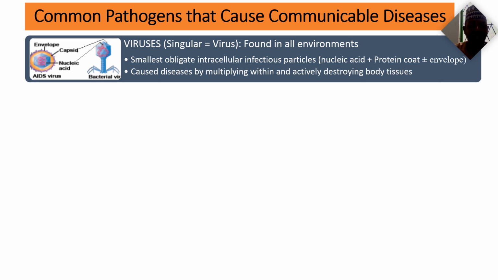Viruses, or the singular virus, are also found in almost all environments. They are generally the smallest obligate intracellular infectious particles. Viruses are the smallest among all the common pathogens.